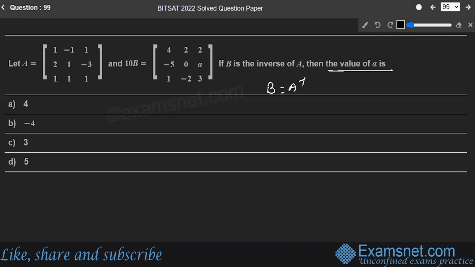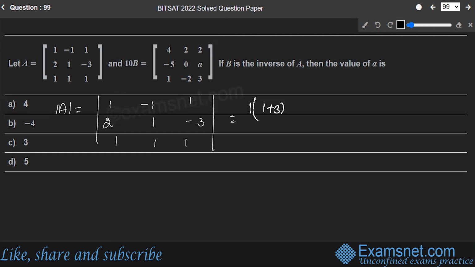So for finding out the A inverse, first of all, let's go for finding out the determinant of A. This will be given by 1, minus 1, 1, 2, 1, minus 3, and 1, 1, and 1. This will be equal to, here you have 1 into 1 plus 3, 1 into 2 plus 3, 1 into 2 minus 1, which is equal to 4 plus 5 plus 1, that is equal to 10. So you have the determinant of A as equal to 10.